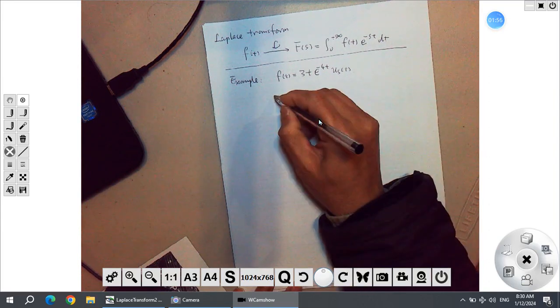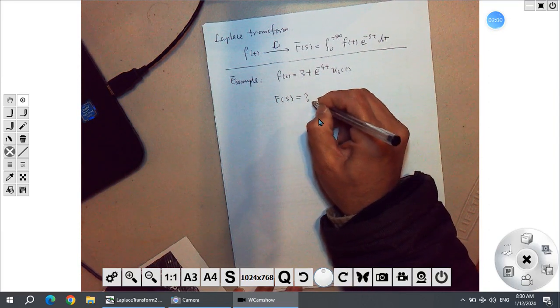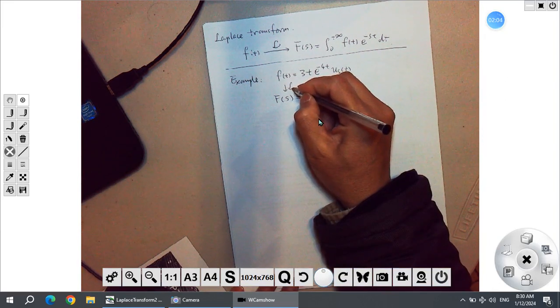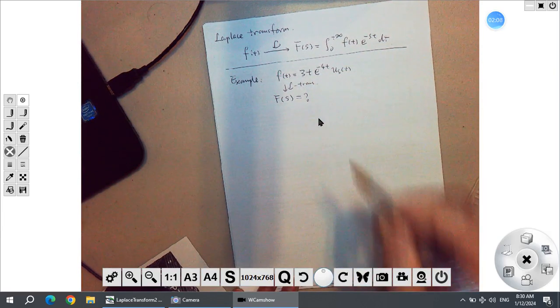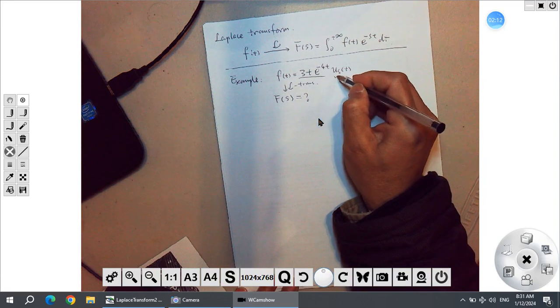What is the Laplace transform of this function? We're going to find this. Okay, you look at here. This is a function times u of t.